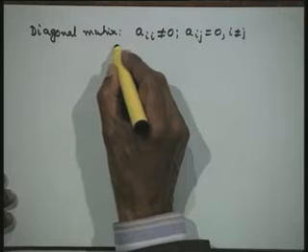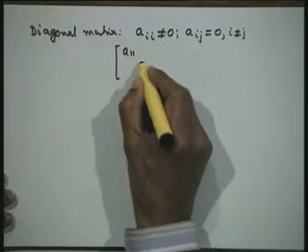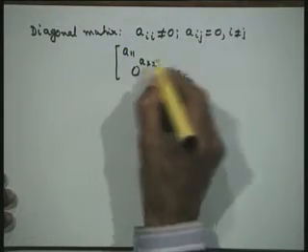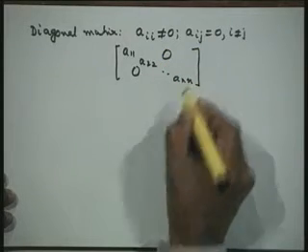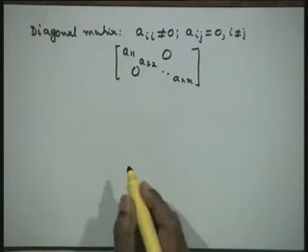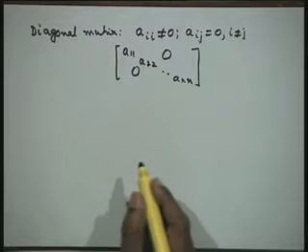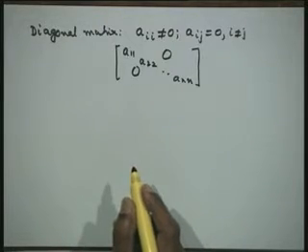That means it is going to look like a matrix with A11, A22, and so on up to Ann, and the rest are all zeros. So the diagonal elements are all non-zero elements, and the off diagonal elements are 0.